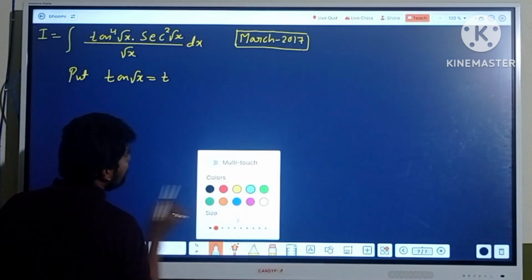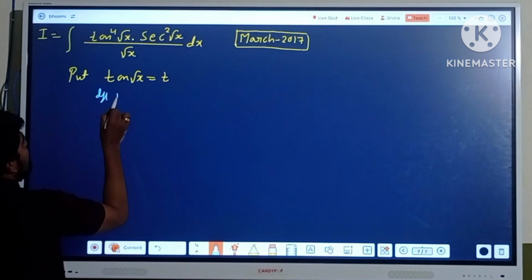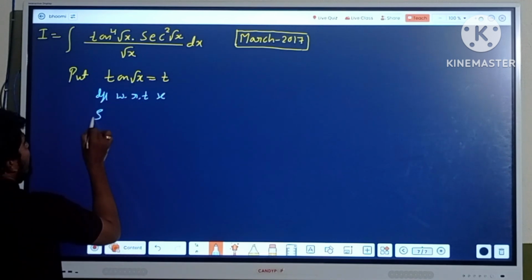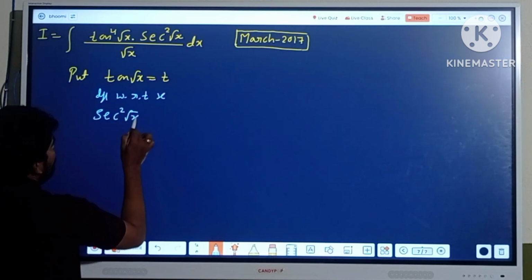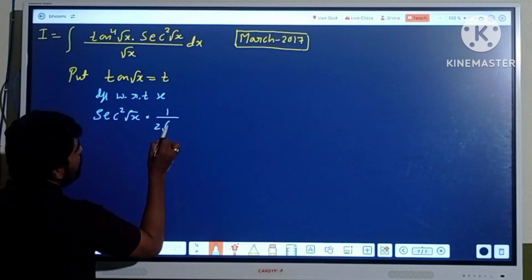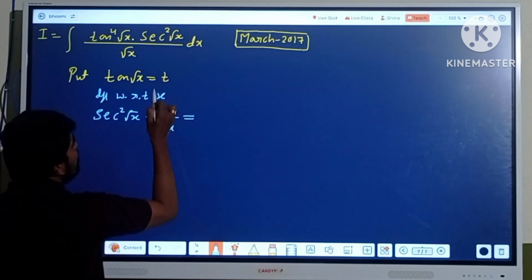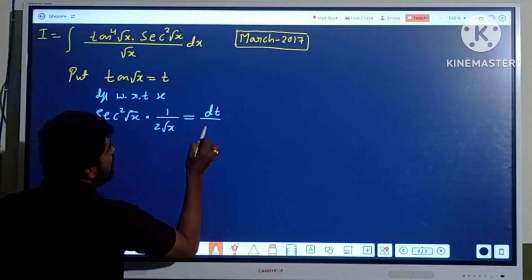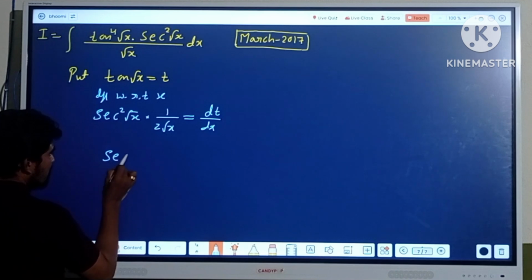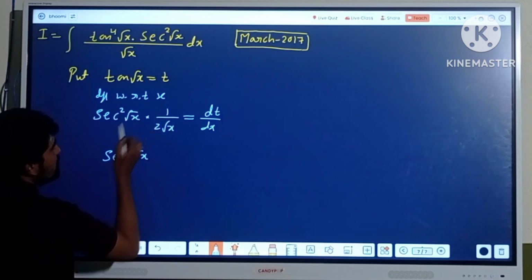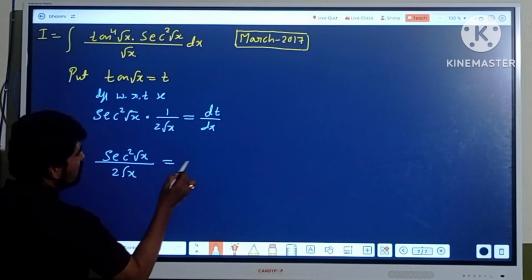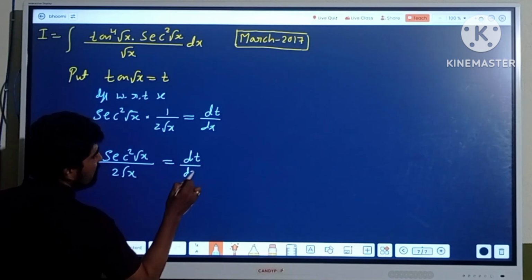Now again the same thing, differentiate with respect to x. The derivative of tan root x is secant square root x into the derivative of root x, which is 1 divided by 2 root x, equal to the derivative of t with respect to x, which is dt by dx. So it can be expressed as secant square root x divided by 2 root x equals dt by dx.